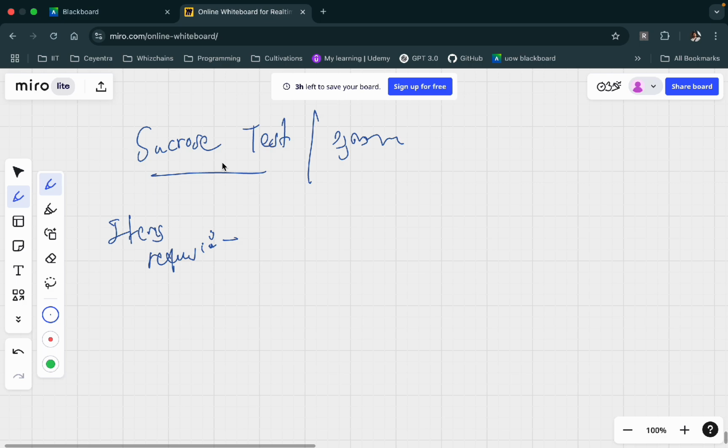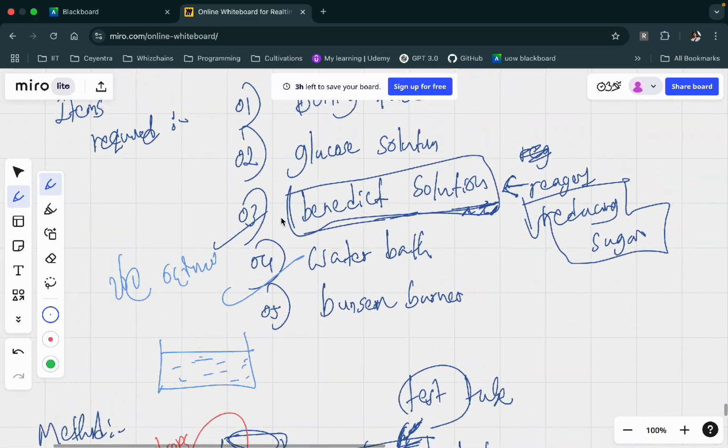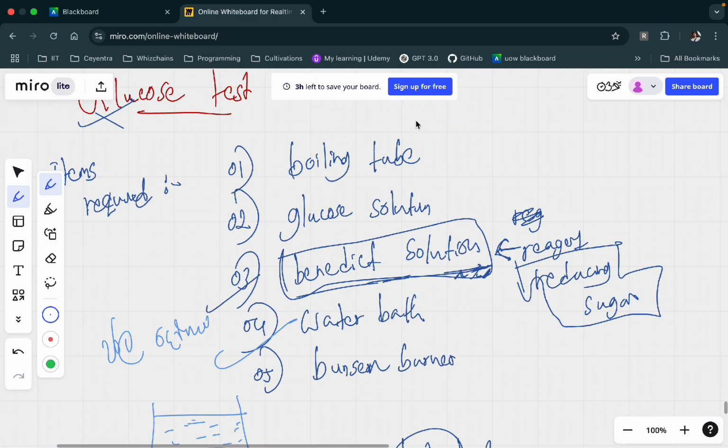That is, you need all the items that you needed in the glucose test, plus you need one item. What is it? Dilute sulfuric acid.